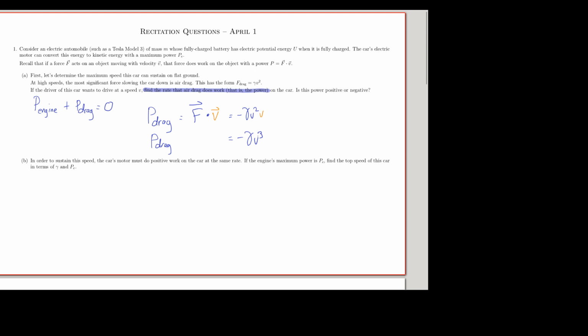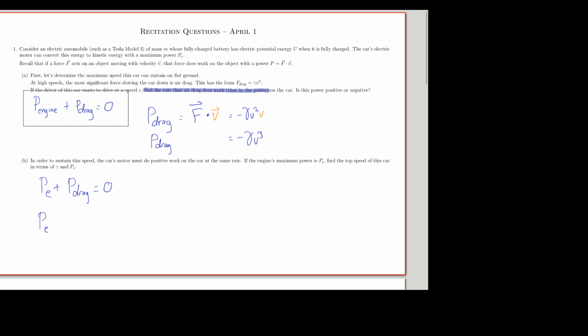Looking at part B. Part B is using this idea that I wrote down perhaps a little bit early. So I know that the engine power plus the drag power is 0. So I can substitute in what I know about the drag power.